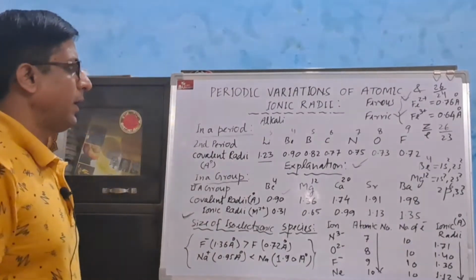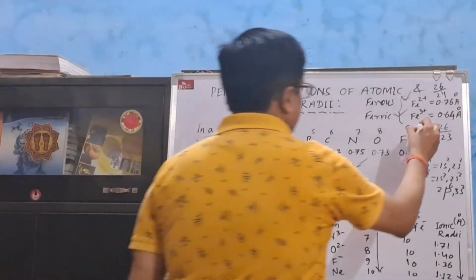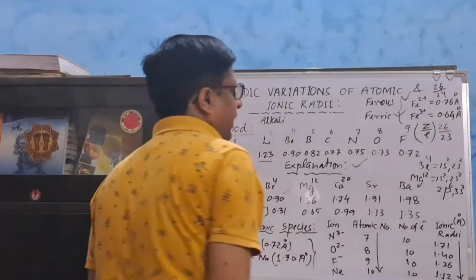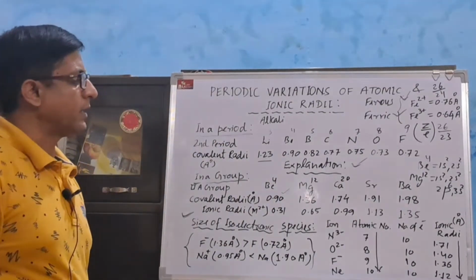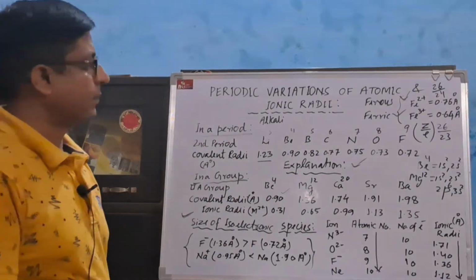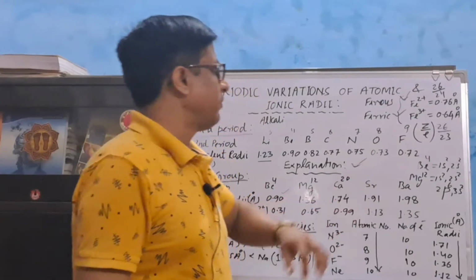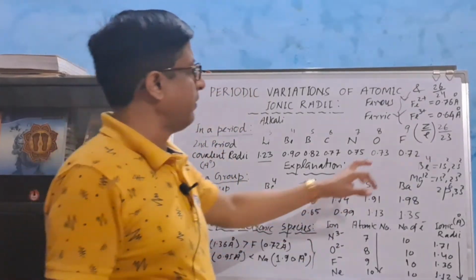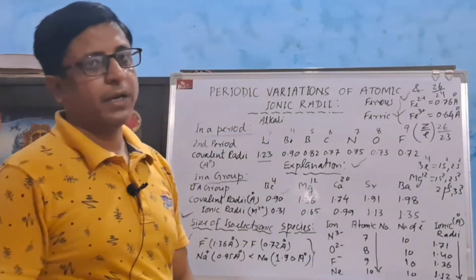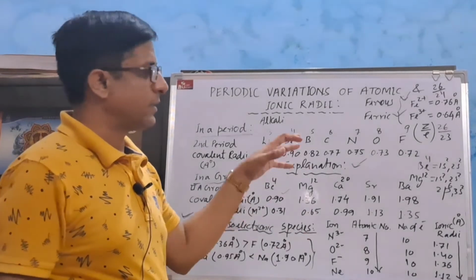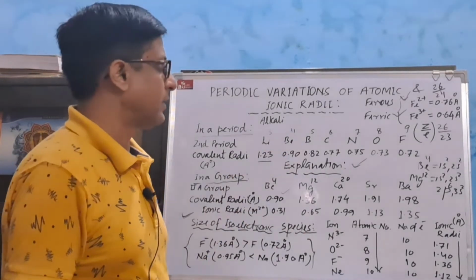Thus, Z upon E ratio in case of ferric ion is more as compared to ferrous ion. Therefore, the electrostatic force of attraction is more effective in case of ferric ion, thus its size decreases.